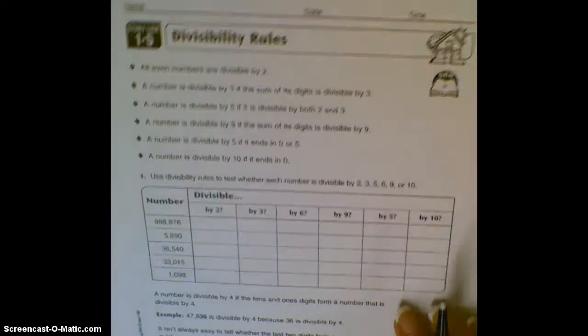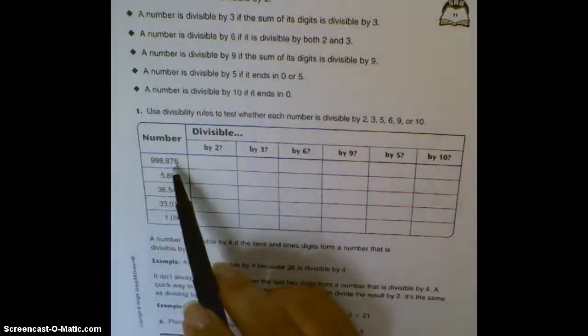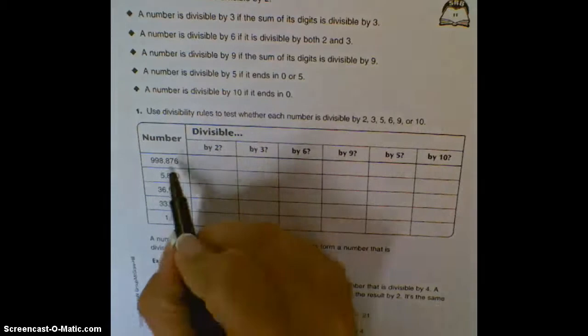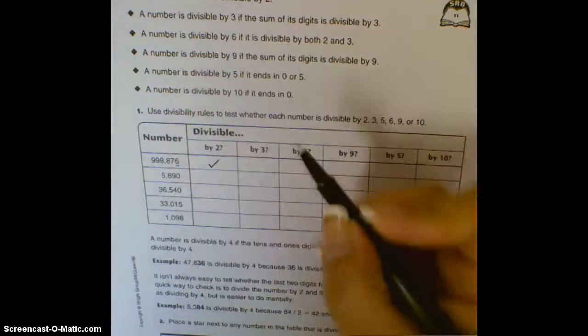So, knowing that, take a look at this number right here, and we're going to look at the last digit and see, is it even? Yep, it's even, so we know it's divisible by 2.